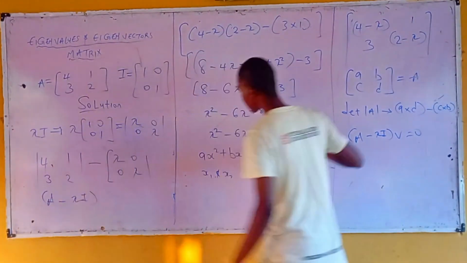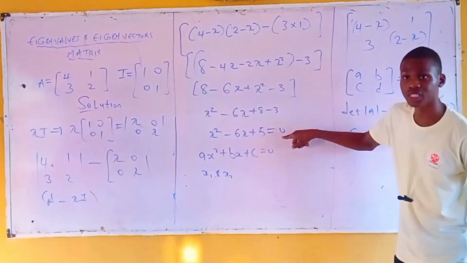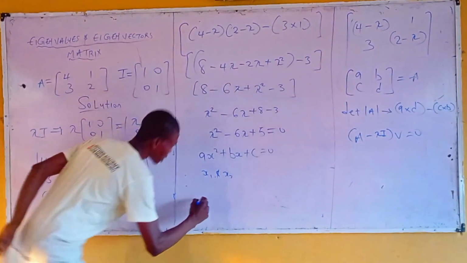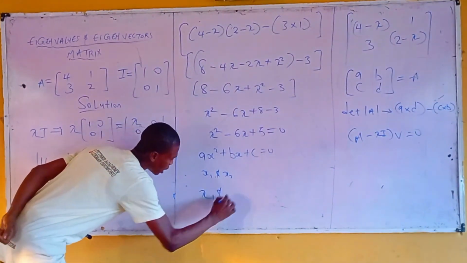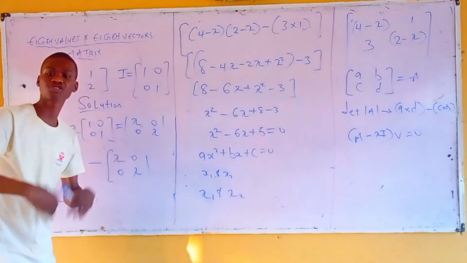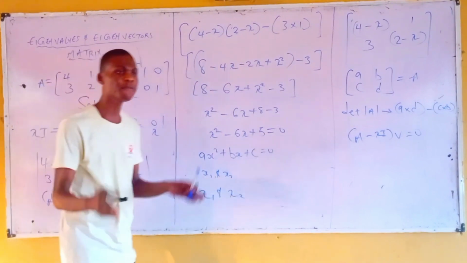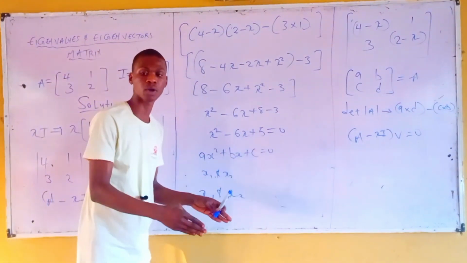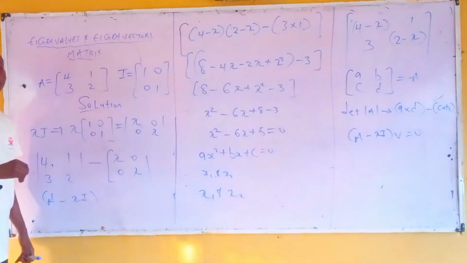But in this case, instead of x, they are using lambda. Meaning from this equation I can get lambda 1 and lambda 2. And initially we said lambda represents the eigenvalue, meaning any value I get for lambda becomes my eigenvalue of this matrix, and that's it.